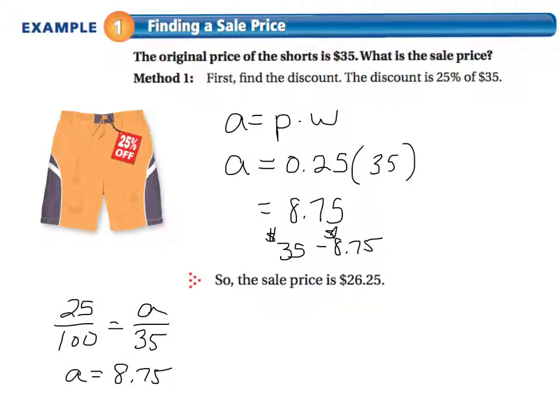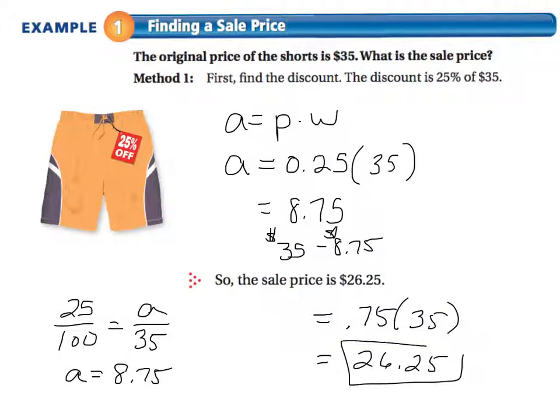Well, the sale price, what you pay, is going to be 75%. Because if you're actually discounting the item 25%, you're paying 75% of the item. So you would just take 75% or 0.75 of the whole, which is 35, and therefore you would pay $26.25, which is what we've already found.